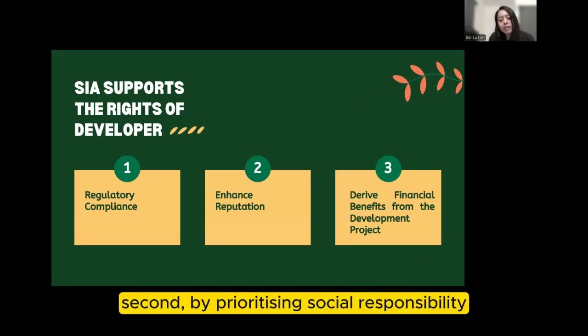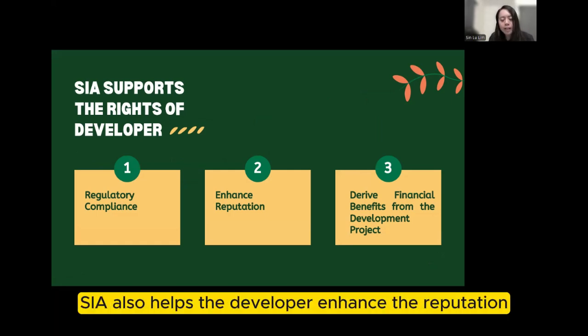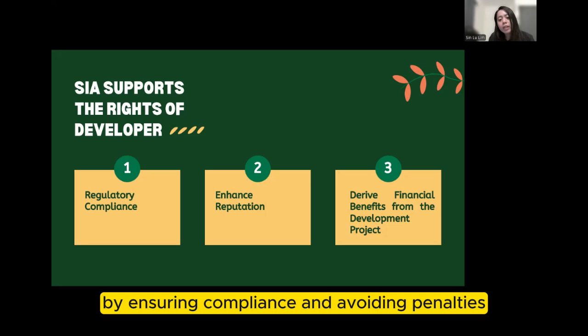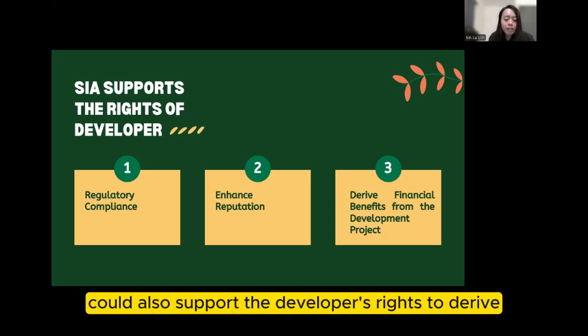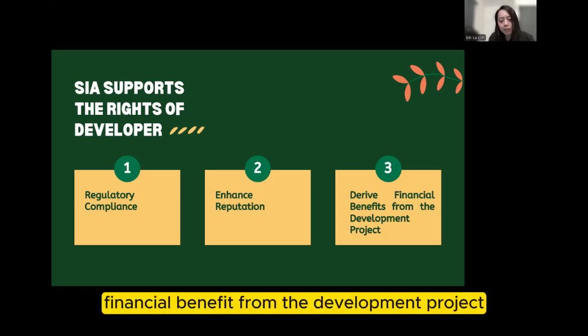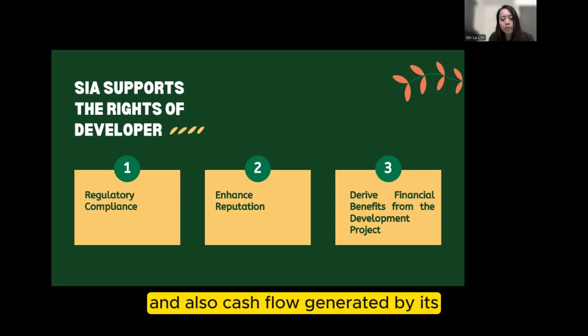Second, by prioritizing social responsibility, SIA also helps the developer enhance their reputation by ensuring compliance and avoiding penalties. Thirdly, adopting SIA could also support the developer's rights to derive financial benefit from the development project, primarily through the future revenue streams and cash flow generated by its successful implementation and operation.